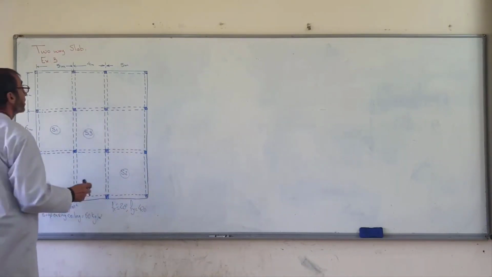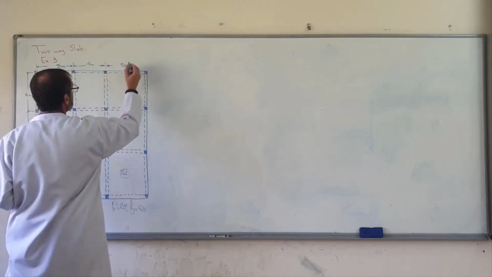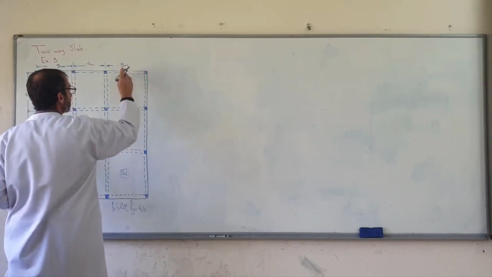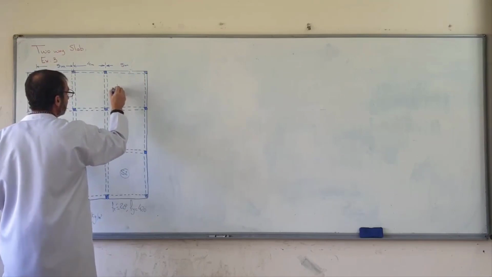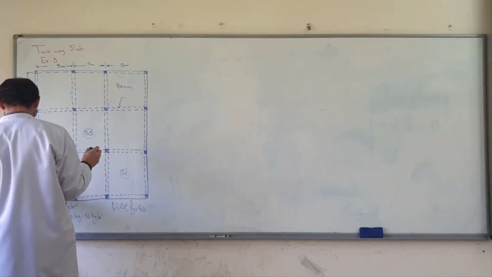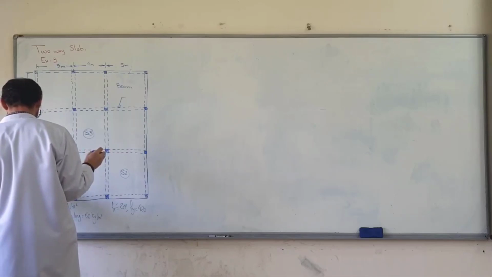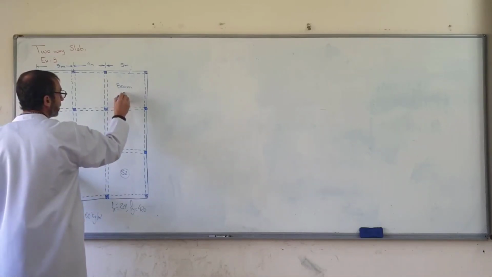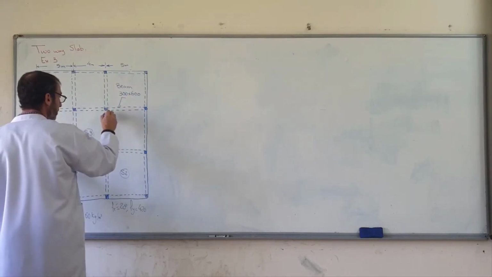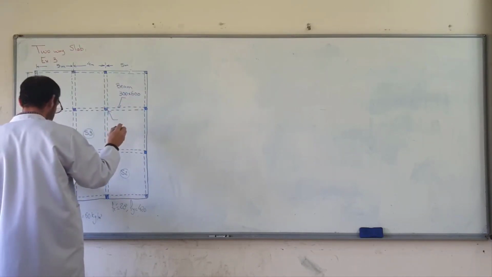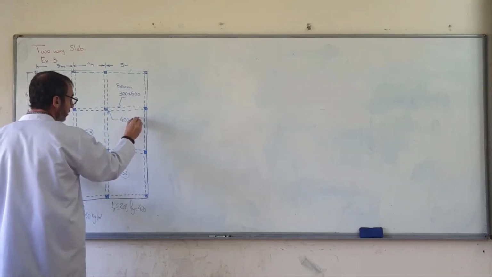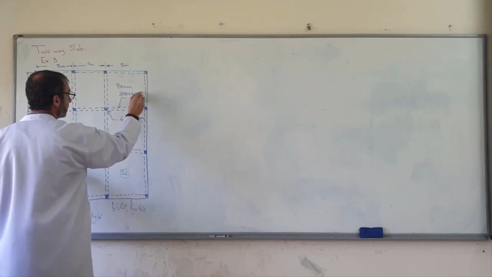Beam dimensions, all beam dimensions are similar: 300 times 500. Column dimensions, all columns are 400 times 400 millimeters.